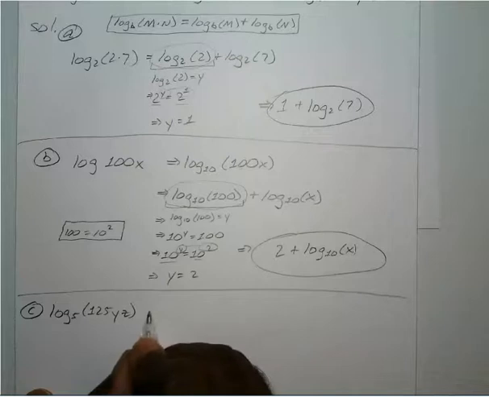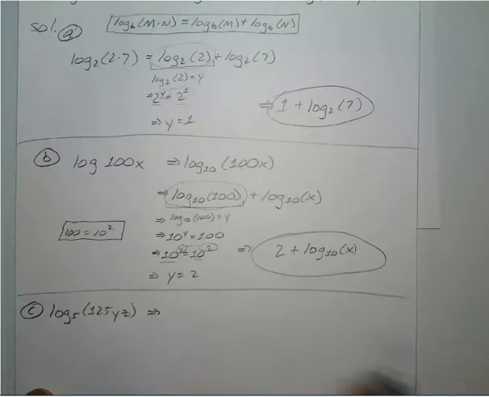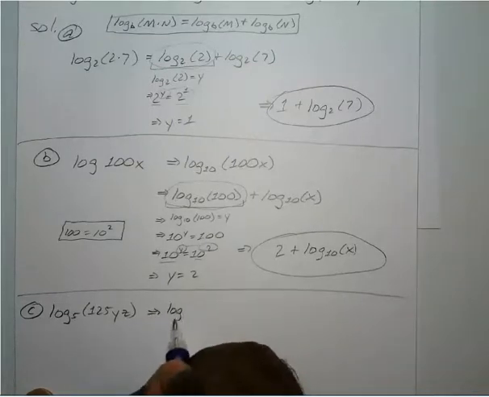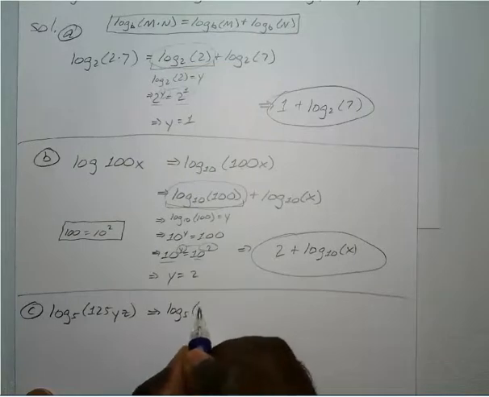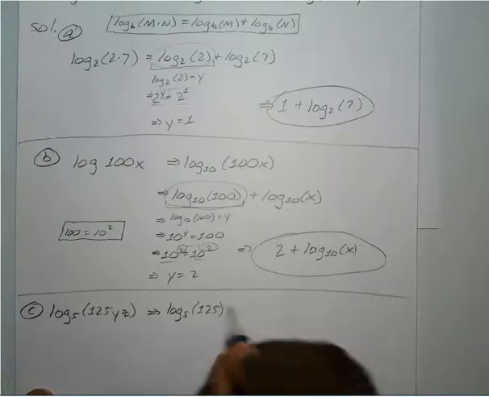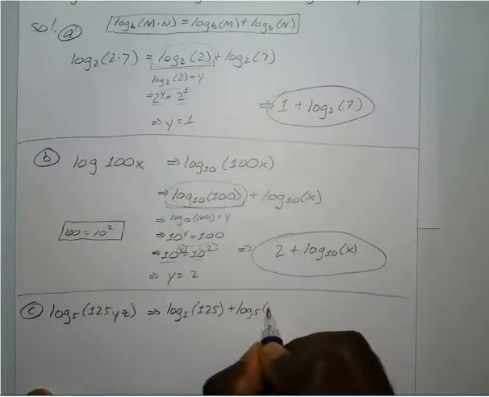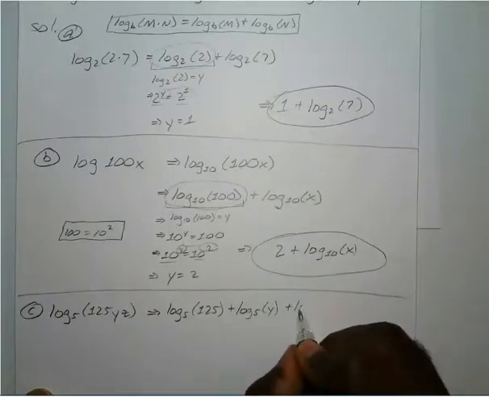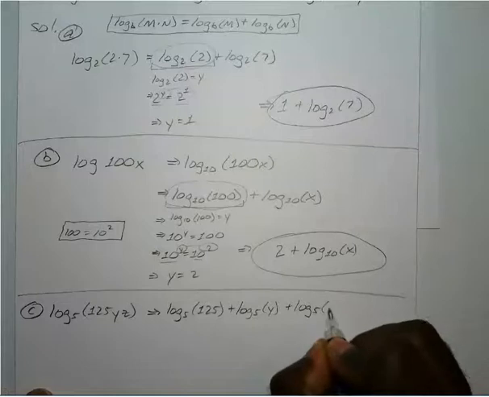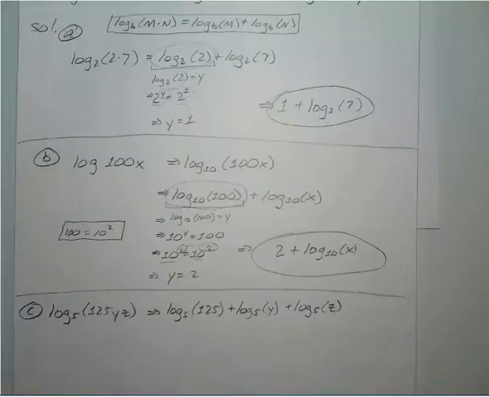So you can rewrite it as log base 5 of 125 plus log base 5 of y plus log base 5 of z. If you had 125xyz, you would just have 4 terms here.